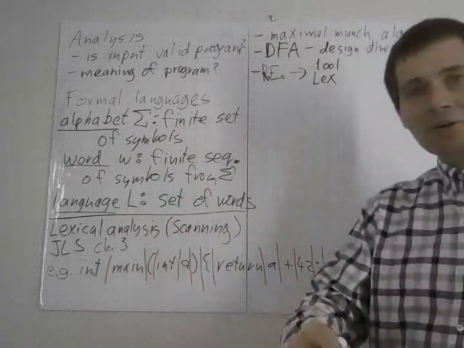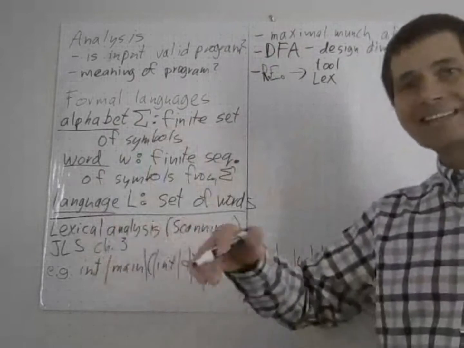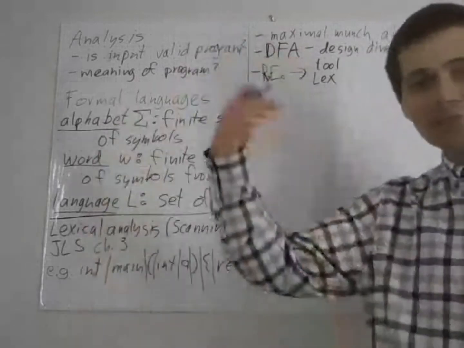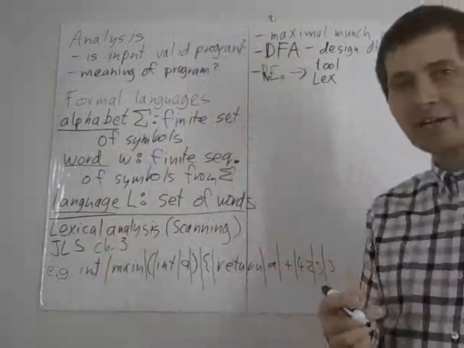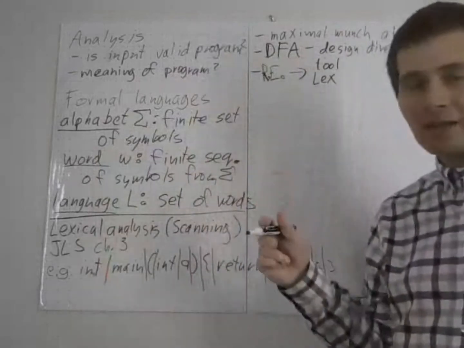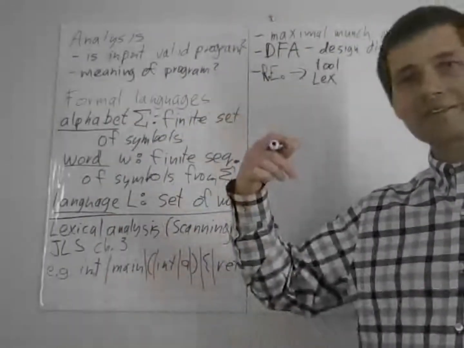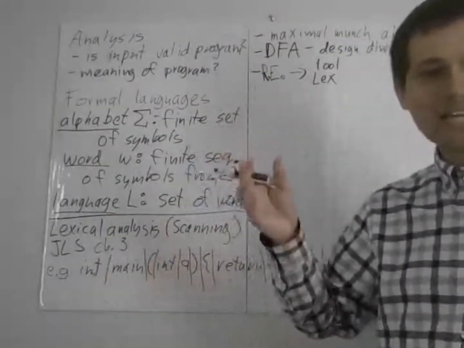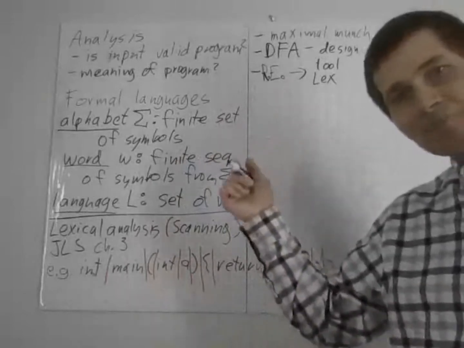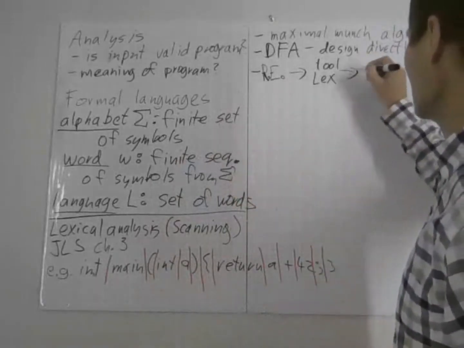Lex was around many years ago, and then there have been many re-implementations and variations on it. Typically, they often have Lex as part of their name. So you've got JLex and Flex and ML Lex and so on. Lex is sort of the traditional name for this kind of tool.